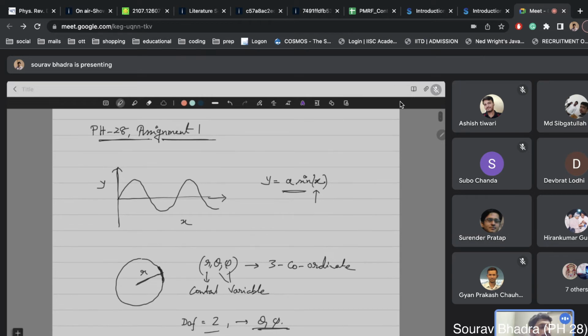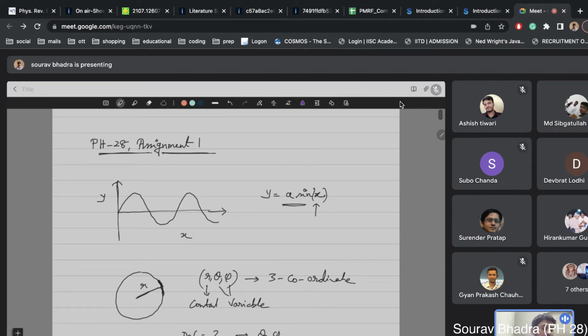Suppose there is no relation between y and x, and the particle is somewhere on the surface. Then we need to define what y is and what x is separately, right?